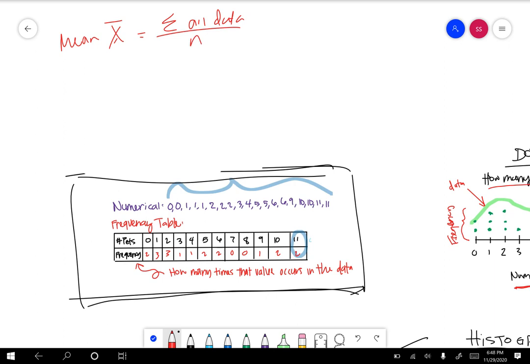So let's do this. I'm going to write this out step by step. Obviously, you don't need to write this out step by step every single time, but I want to make sure it's very clear how I'm getting this.